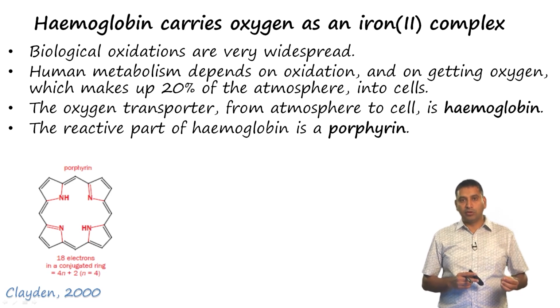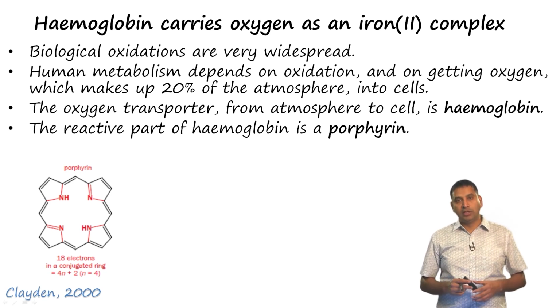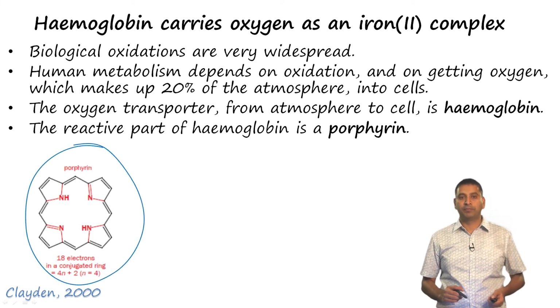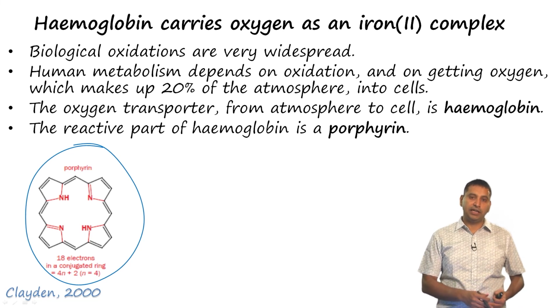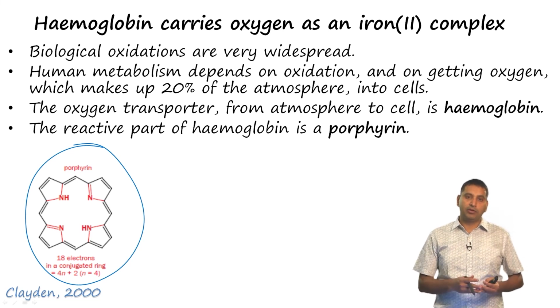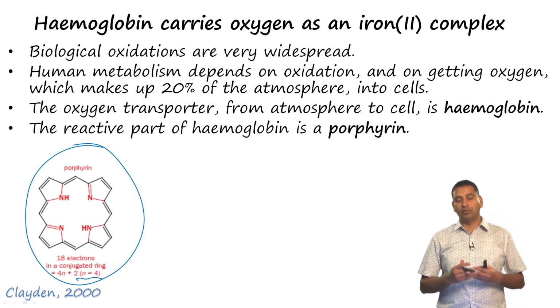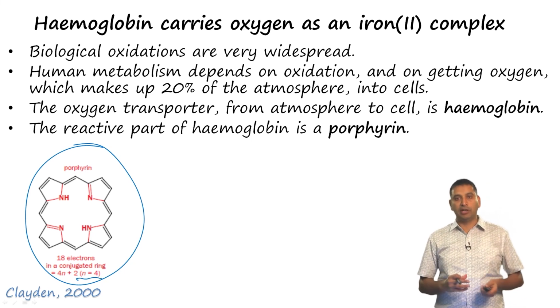The oxygen transporter from the atmosphere is hemoglobin, and the reactive part of this molecule is the porphyrin ring, which is shown here. So, porphyrin is actually aromatic because it contains 18 electrons, and if you apply the 4n plus 2 rule, when n equals 4, you get 4n plus 2 to be 18, and therefore this is an aromatic system.